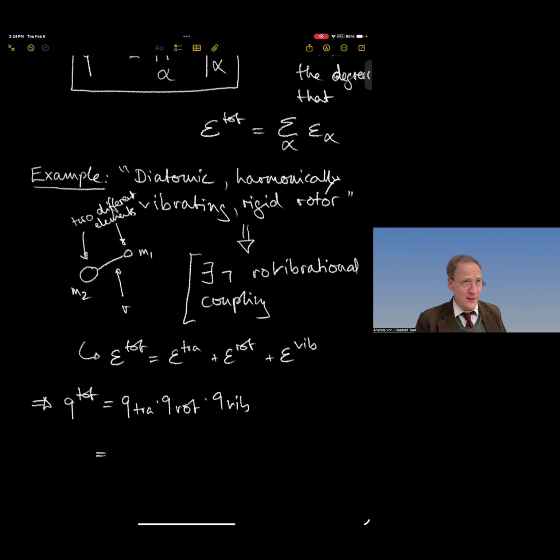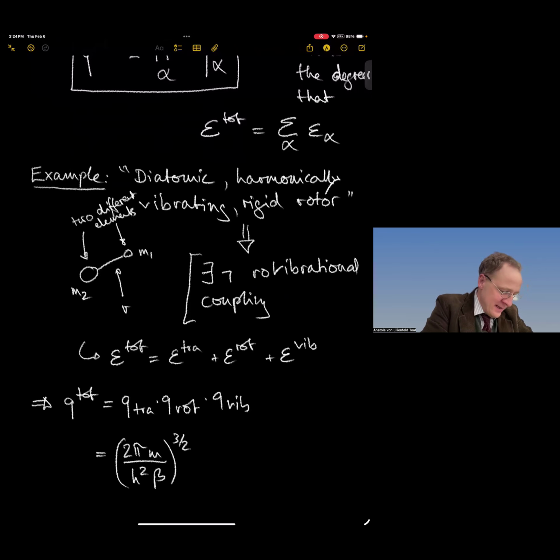If we now assume that your diatomic, again, for the purpose of the translational degree of freedom, is just like an ideal gas, so your diatomic molecules do not really interact with each other from far away, they look like an average mass particle. So we simply write again our 2 pi m over h squared beta to the 3/2 times V. The function you're all too familiar with by now.